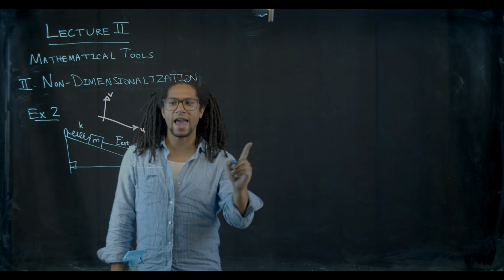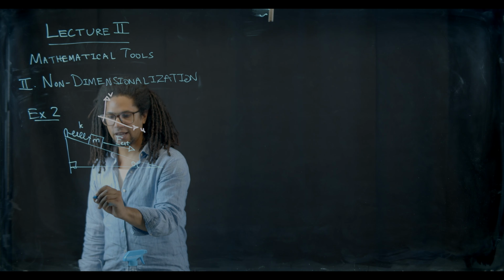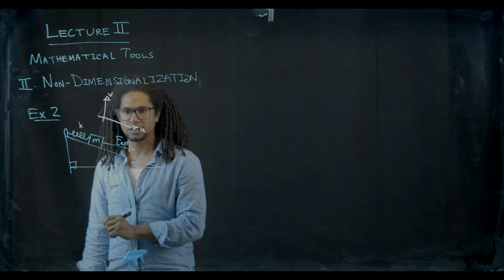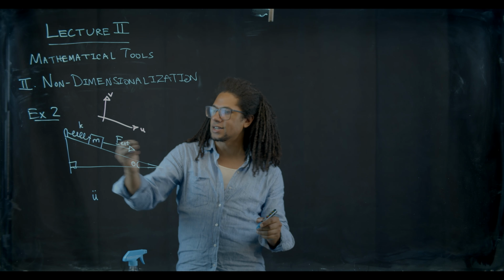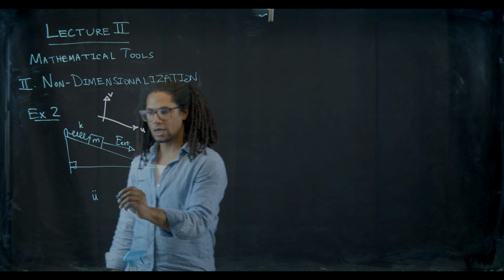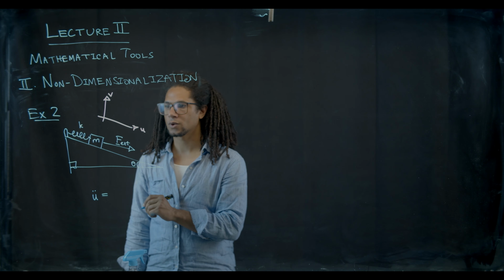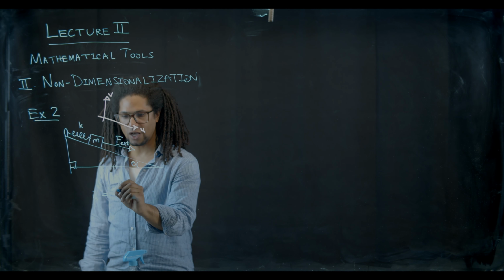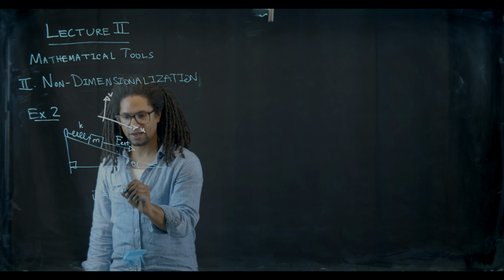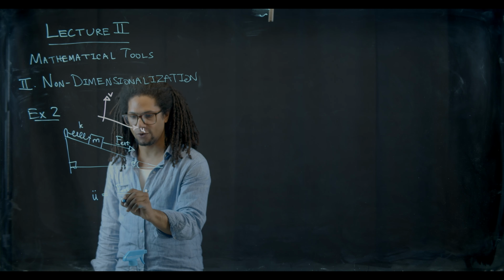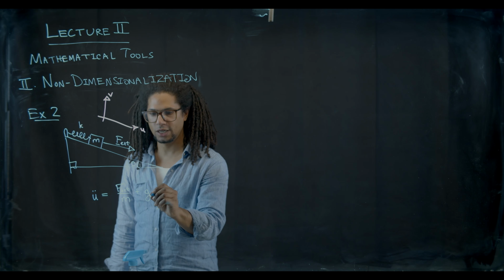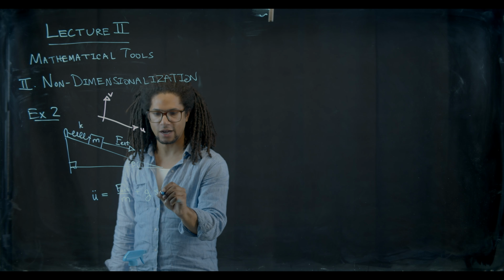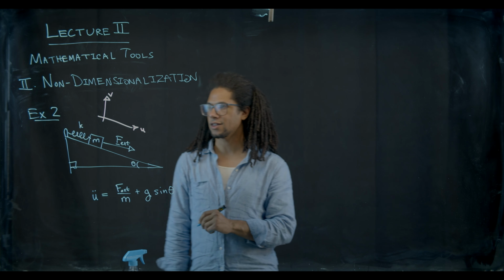Now, I'm going to move the m to the other side. So what I'll get is u double dot, u being the length that it's gone down the ramp, is equal to, well, we have a contribution due to F external. That's going to be F external's magnitude over m, and then we have a g times, as it turns out, the sine of theta.